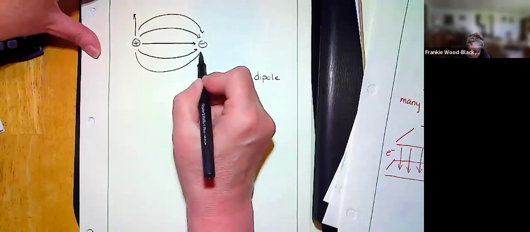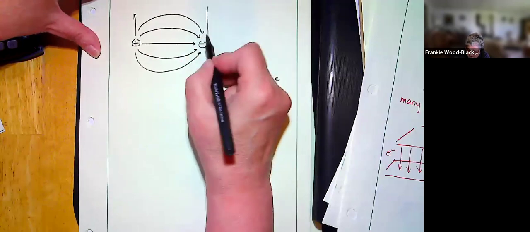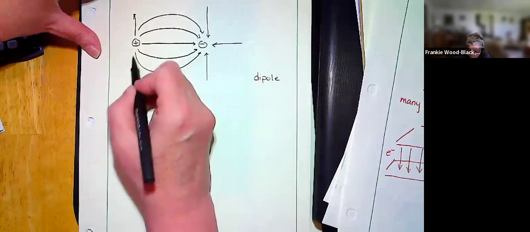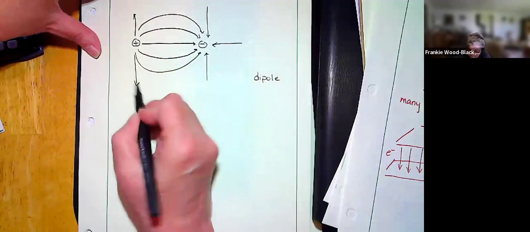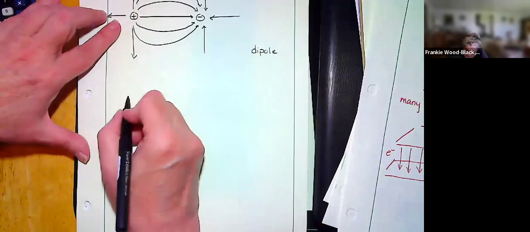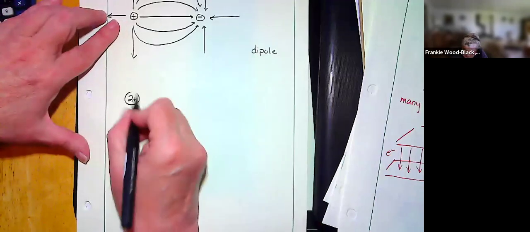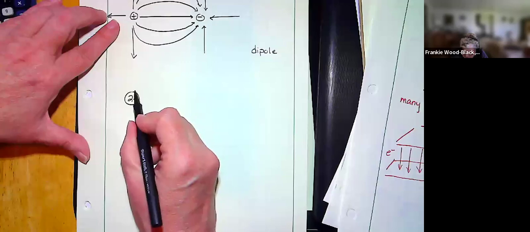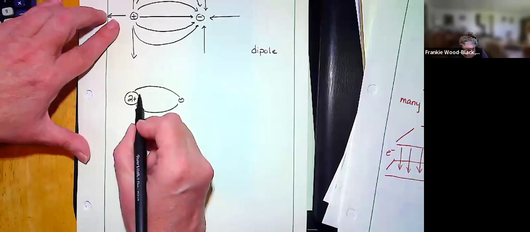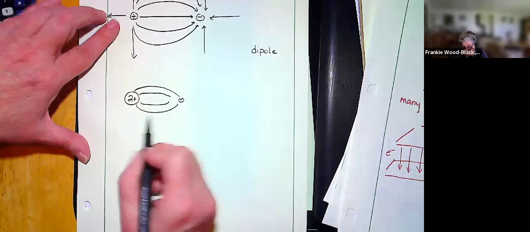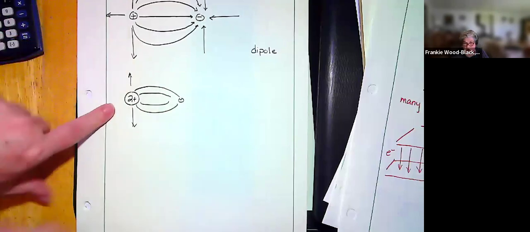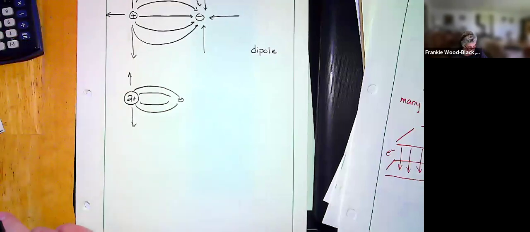And the number of lines are going to indicate my field strength. Now, if I made this a dipole where these are 2 of the positives, you're going to see these come in a little differently, and you're going to see these field lines change a little bit as I'm dealing with my charges and coming into those charges.